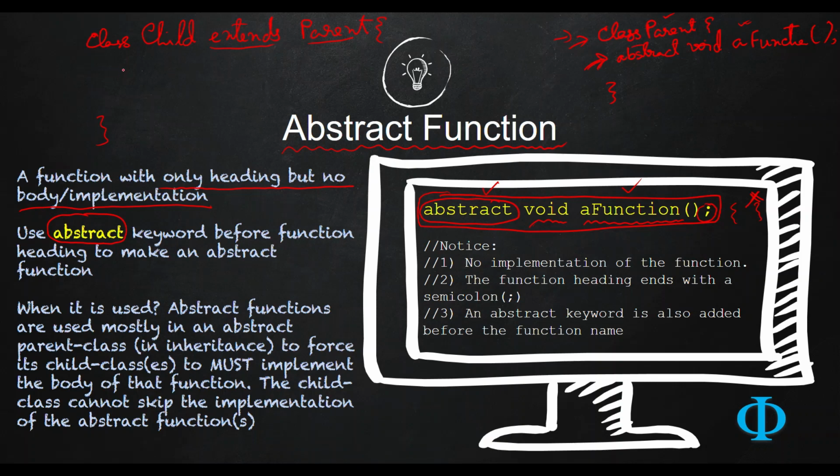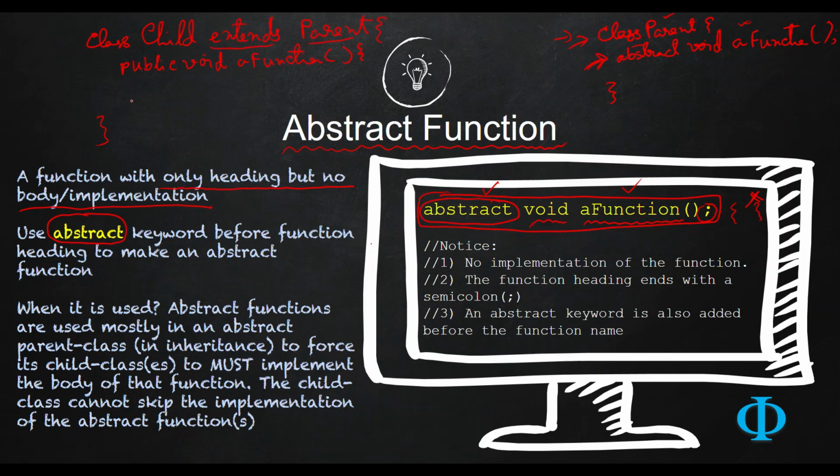So how can you do that? Let's say this is my public void a function like this, and after that, there should not be any semicolon because you are going to implement the function.